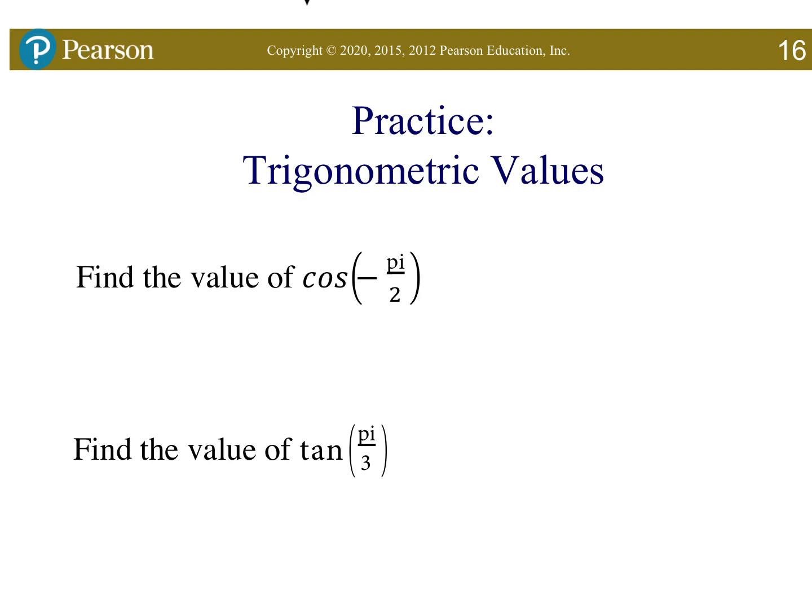Sorry, not Aiden. David. But maybe Aiden wants to do it if David doesn't have it. All right, we're passing to Aiden. 0. Good job. Say it with confidence. 0. Okay, correct. Negative pi over 2, you're at the bottom of your unit circle, and the x value there is 0.